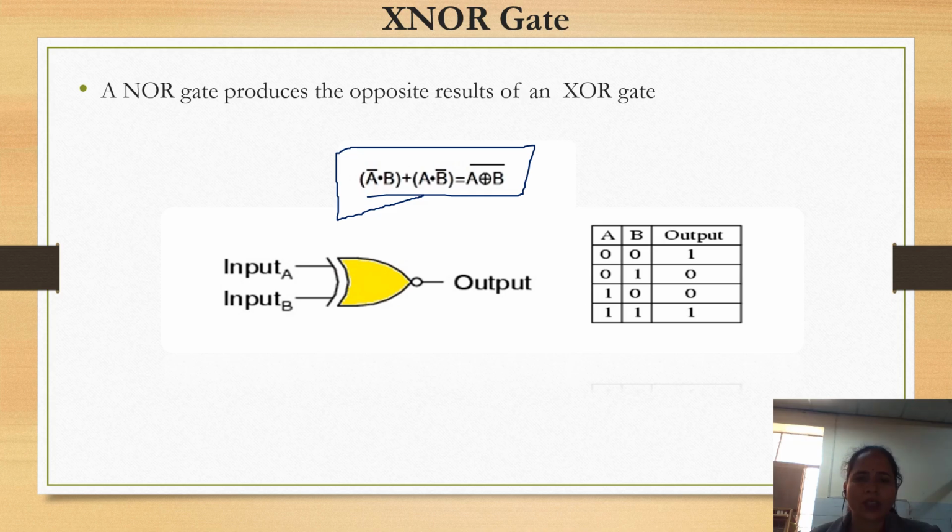If you look here, it's basically the XOR gate and its complement. Okay, so as in the XOR gate, when both the inputs are the same the output will be 0, whereas in the case of the XNOR gate, when both the inputs are the same, the output will be reversed.